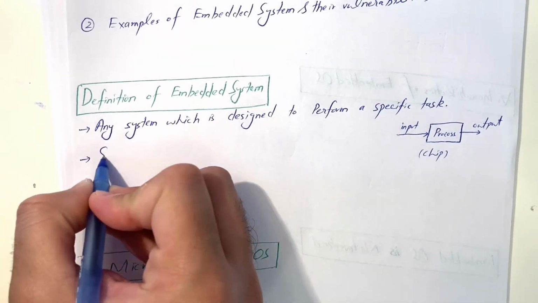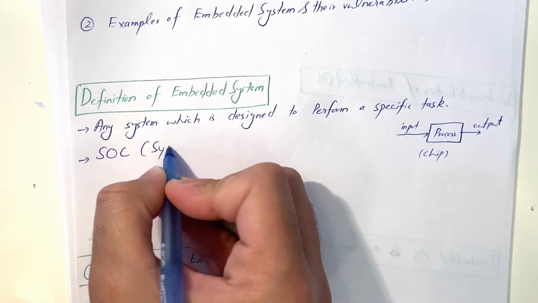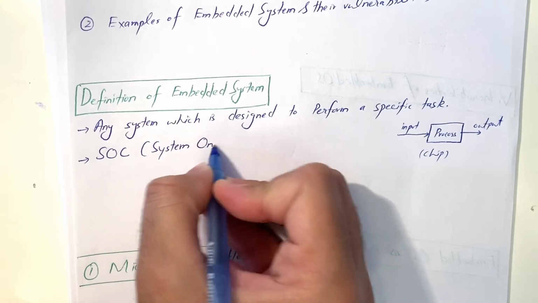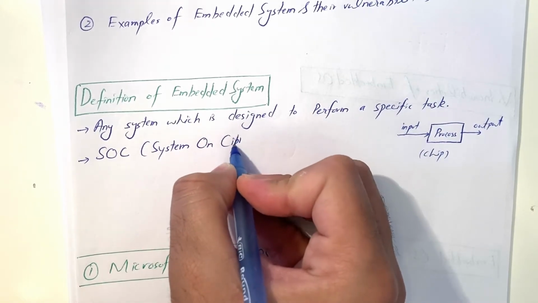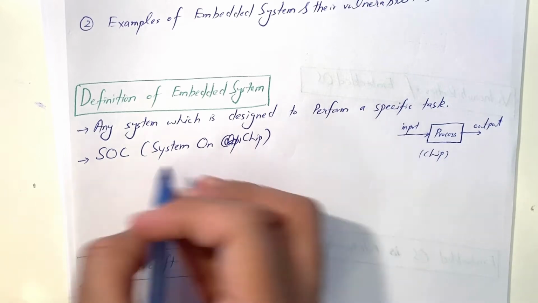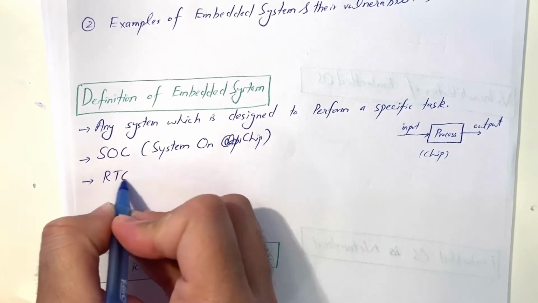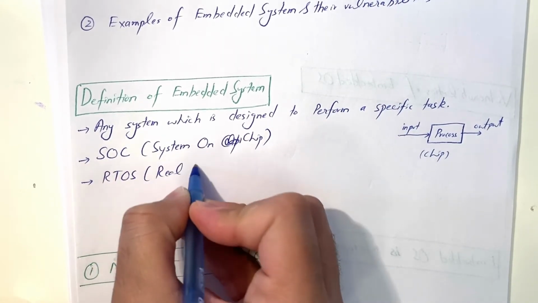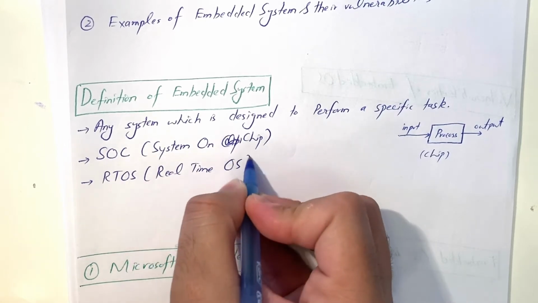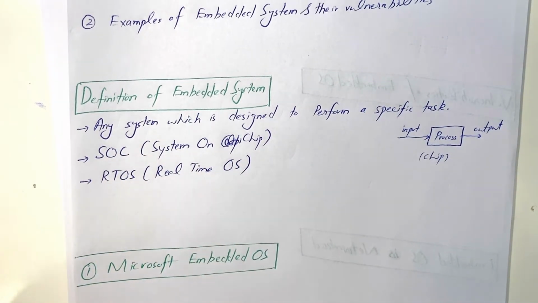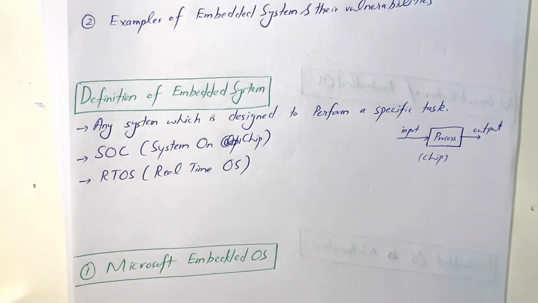Embedded systems are also called SoC, system on chip, and they typically use an operating system called RTOS, real-time operating system. That's basically what embedded devices typically use. Embedded devices, as I mentioned earlier, could be sensors, electronic chips, and we typically call routers, switches, firewalls also embedded systems.